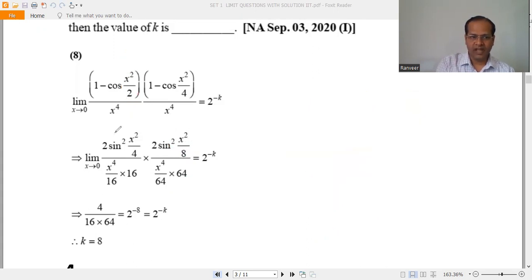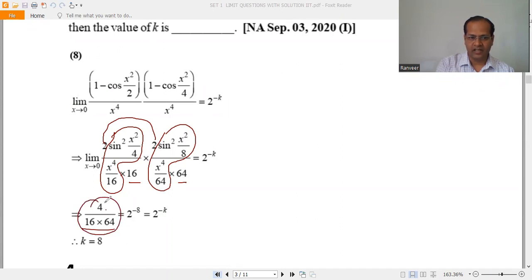Now if you see, this particular value is 1, and this also becomes 1. So for this, 2 into 2 is 4, 16 into 4 is 64.